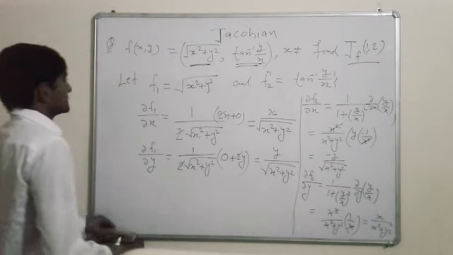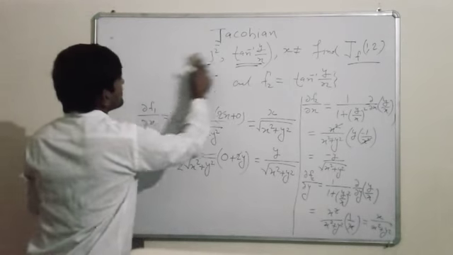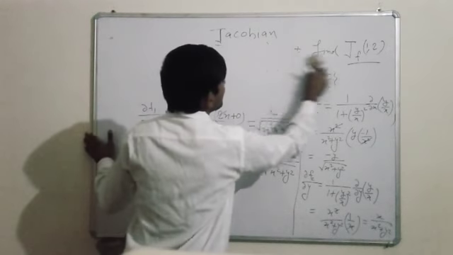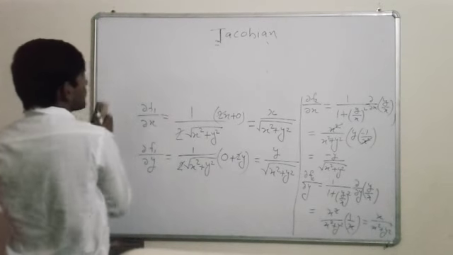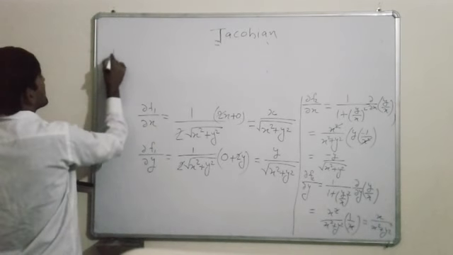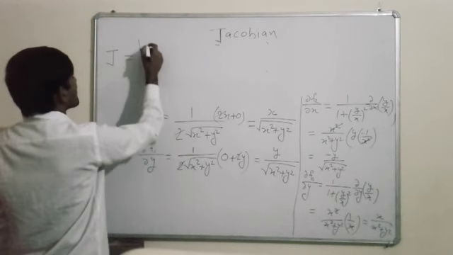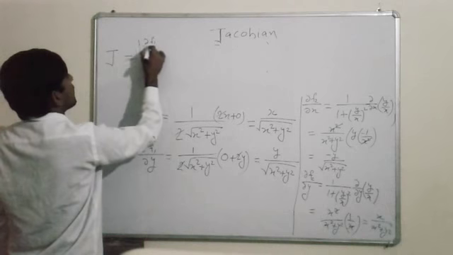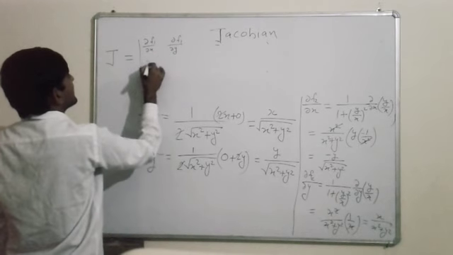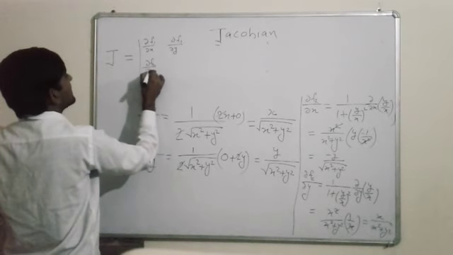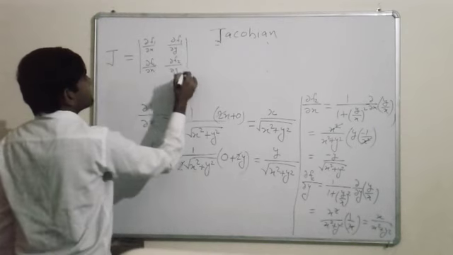Now use the Jacobian formula. We can write only J. J is equal to the determinant with rows ∂f1/∂x, ∂f1/∂y and ∂f2/∂x, ∂f2/∂y.